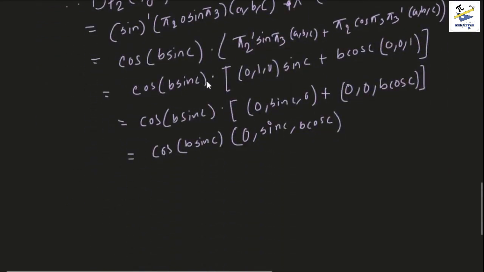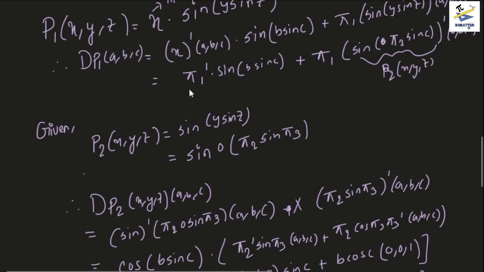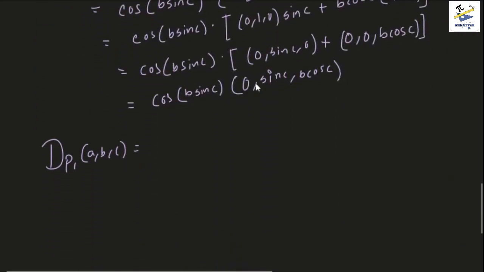So therefore dp1 of abc can then be written as, so let us check what it was, pi 1 prime into sine of b sine c.